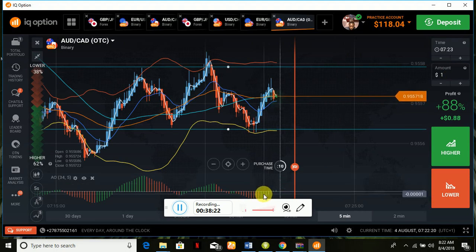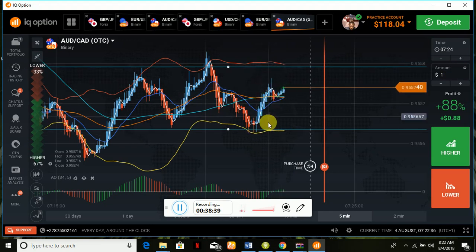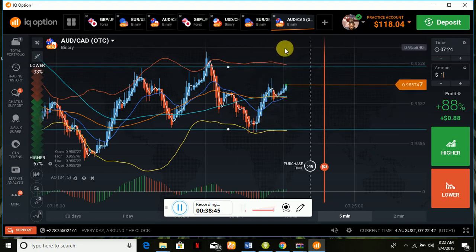Since you see it's still below here, and at the top here it has gone above. We need to be sure this thing has to be above this line. Your candles have to be above this line. Now you see it's playing within these lines here. This is how I catch this thing.